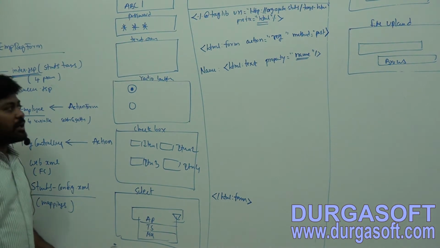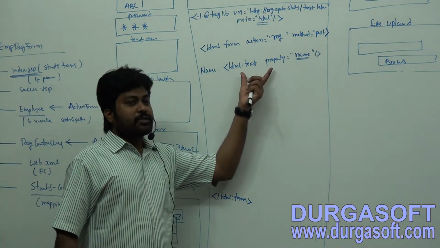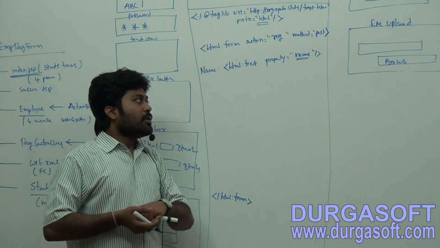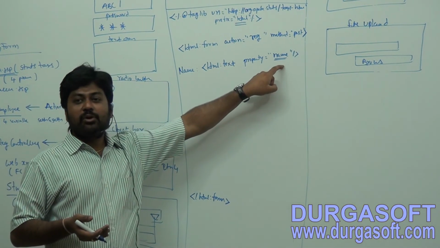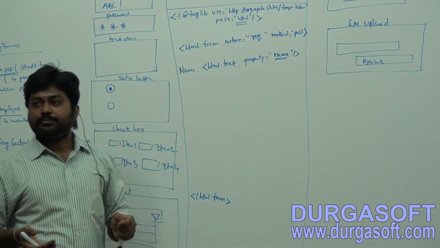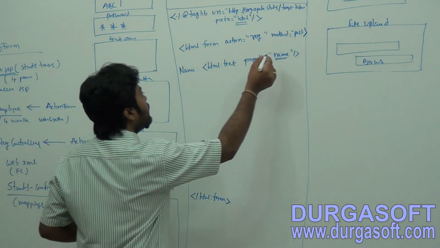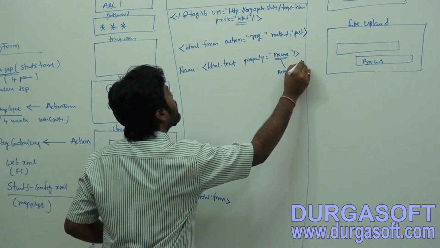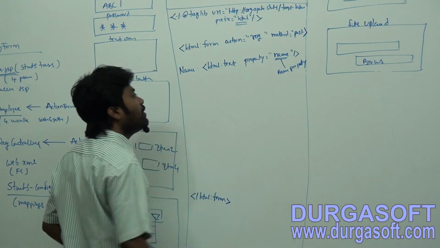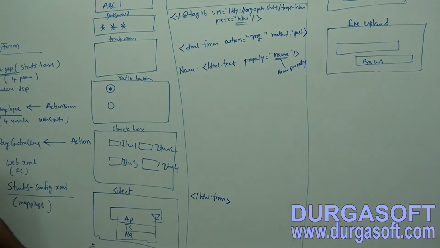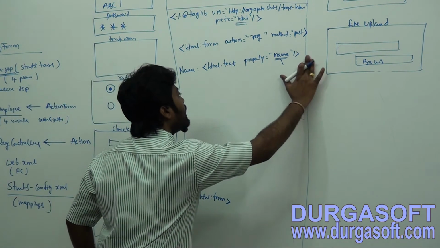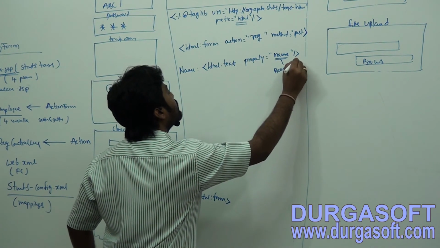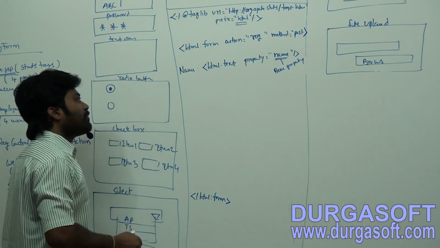Whenever you submit data, the action servlet will store the text box data under one bean property, under the name variable. So here it is your bean property, and you need to maintain it here.